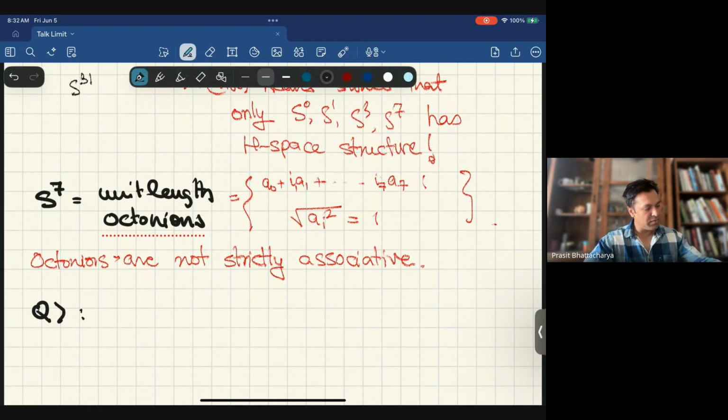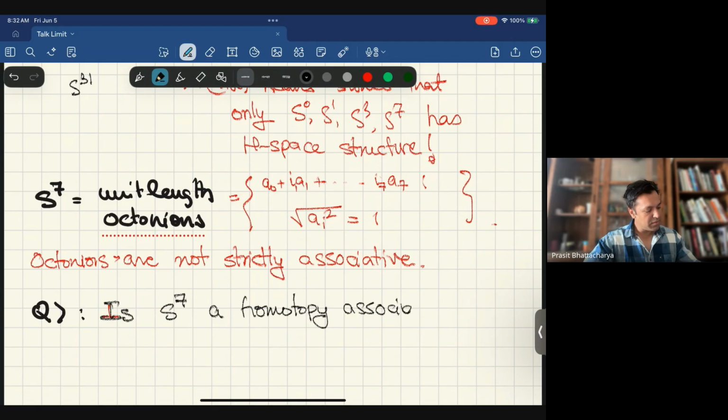So this led to a very important question, which was open for a while. Is S7 a homotopy associative H-space?